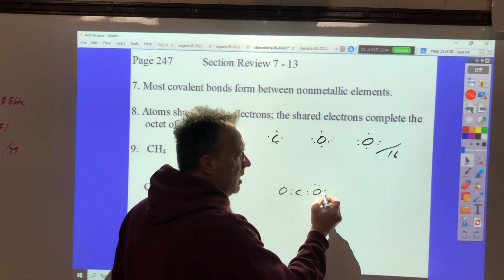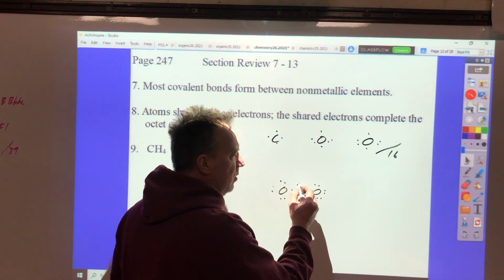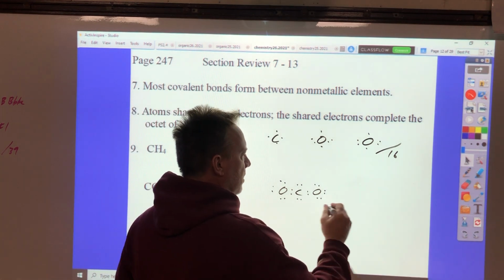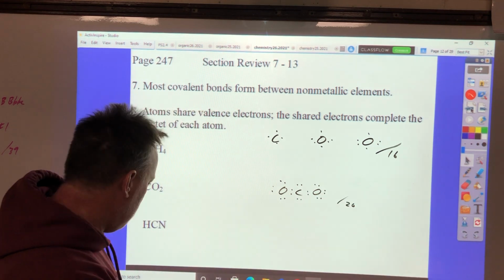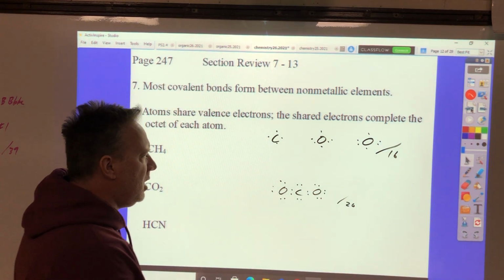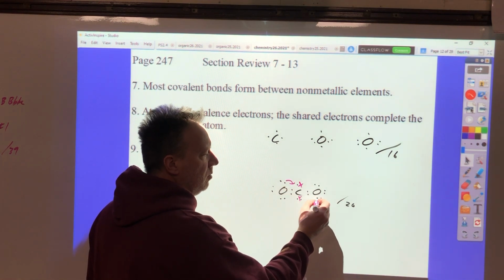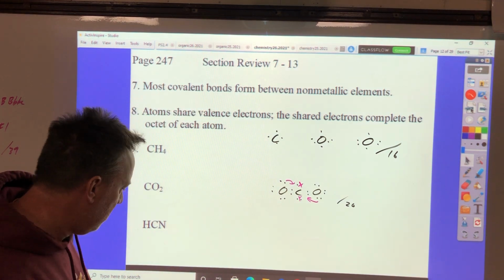2, 4, 6, 8, 2, 4, 6, 8, 2, 4, 6, 8. This total is 16, 18, 20. That's too many. So I'm going to take this pair out, move this pair in, take this pair out, move this pair in. It's easier if you take them off the central atom.